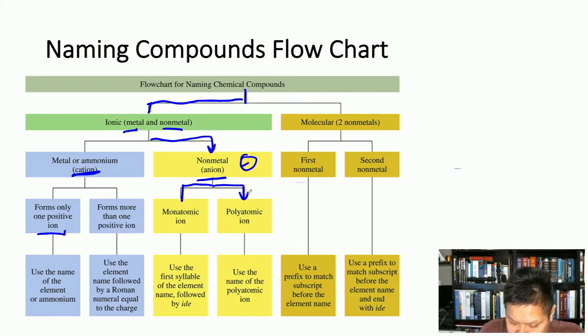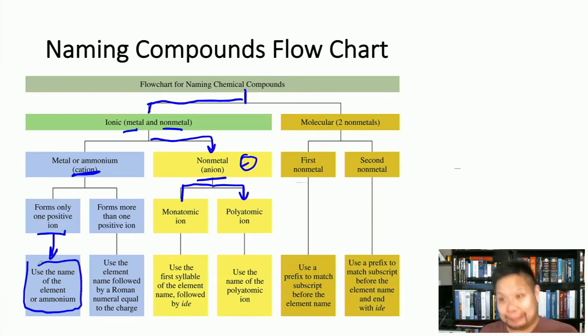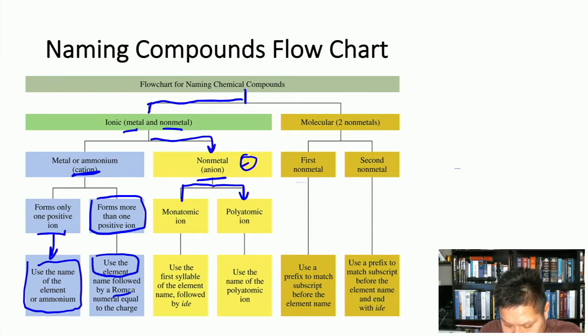So if it forms only one positive ion, then you can just use the name of the metal or ammonium as the beginning of the name of the ionic compound. But if it has more than one positive ion, for example, iron, which had iron 2 and iron 3, you'll have to use the element followed by a Roman numeral, which I showed you, to get an equal charge.